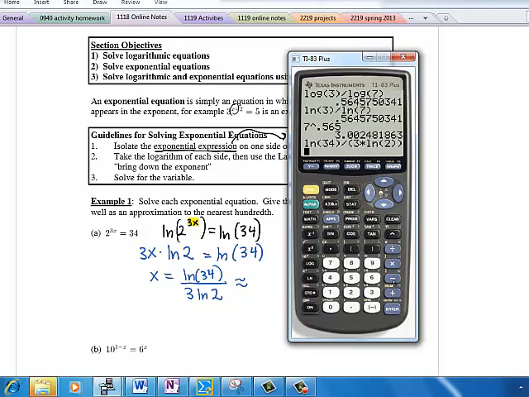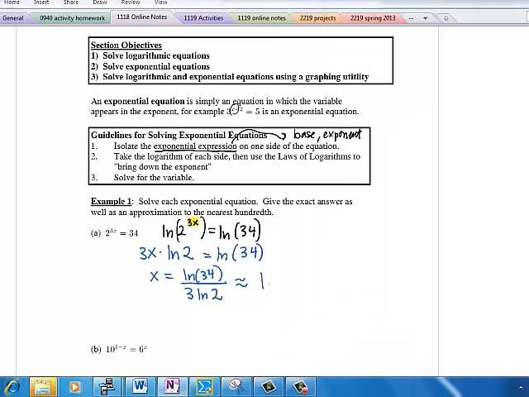Close those parentheses. So we get about 1.69, well, 1.70 if we round to the nearest hundredth, because the 9 would round up to 10, and then we'd have 1.70.